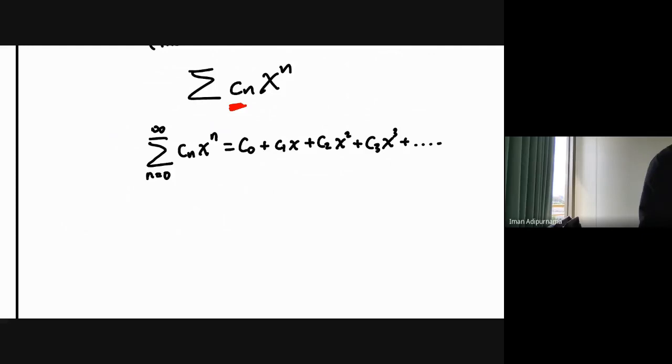Okay, so for example, if Cn equals 1, then this is just x to the n.